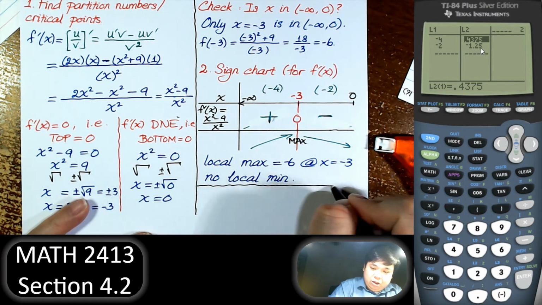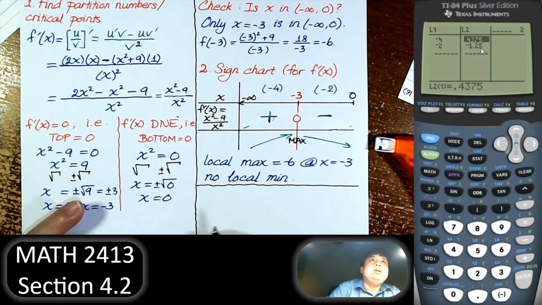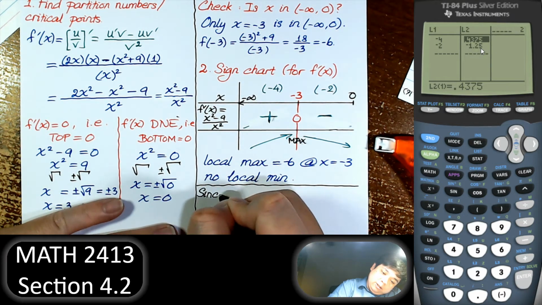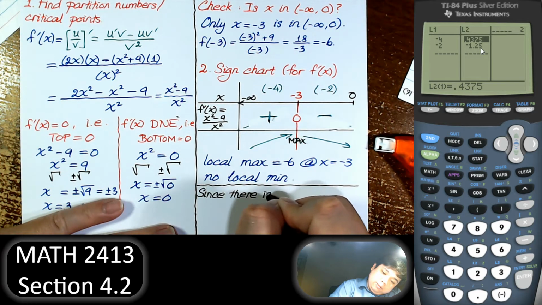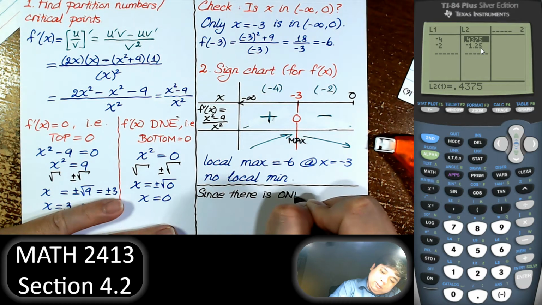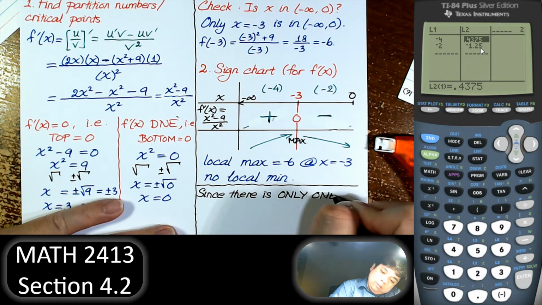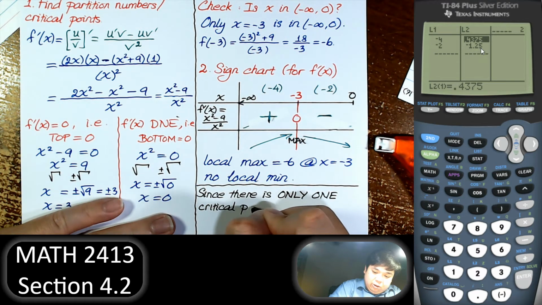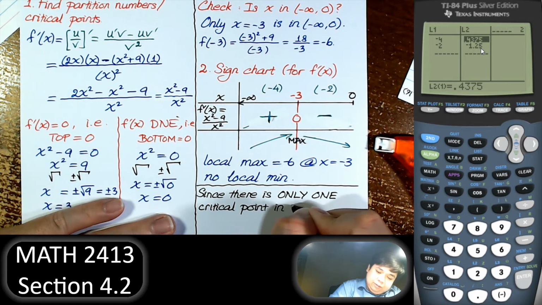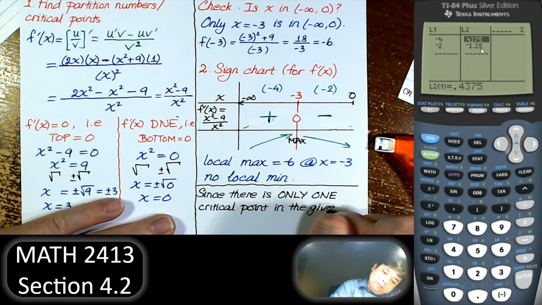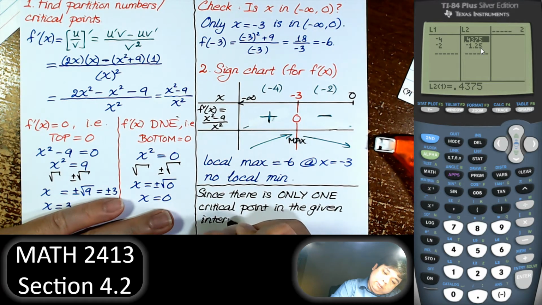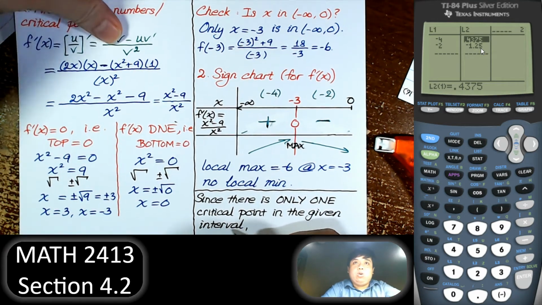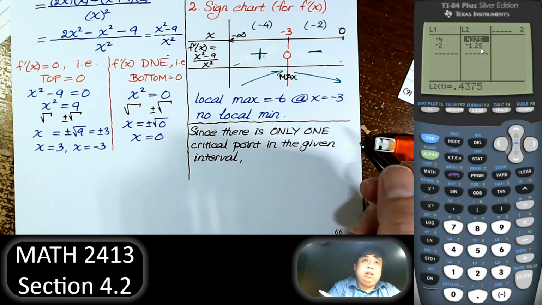Right, so here's the important part. Since there's only one critical point, and we have to have that one critical point in the interval, since there's only one critical point in the given interval, the local max is also the absolute max, and the local min is also the absolute min.